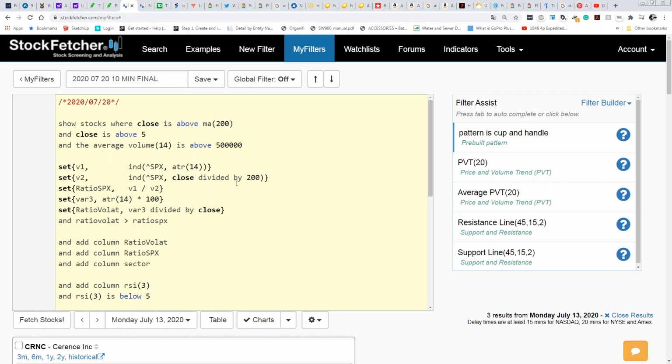Okay, so then I say, now you're comparing one thing to another, right? So if Tesla goes up $1, it doesn't mean anything. It's a $1,400 stock, it's $1,600 right now. So you divide this ATR in this ratio, V1 divided by V2.